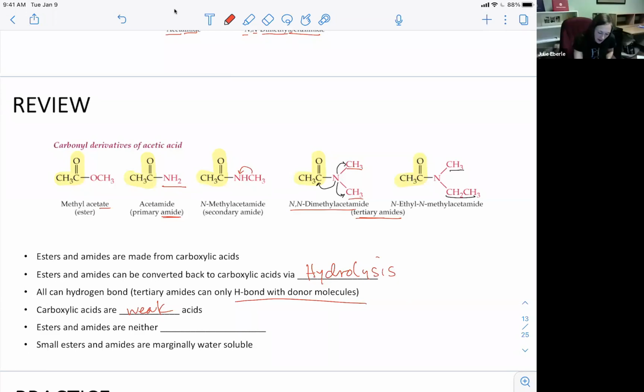Yes, Maggie, they are neither acidic nor are they basic. And then small esters and amides are marginally water soluble. So talk about things you might want to throw on your note card. If you just want a quick review to help guide you on the exam, I think these overall points, you could probably write your answers or guess the right answer from these quick statements here.